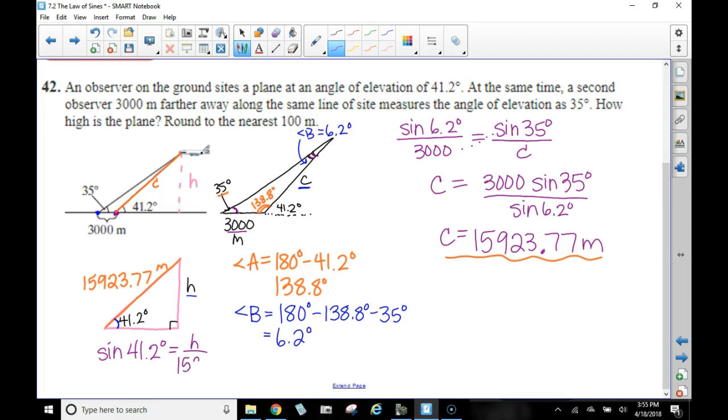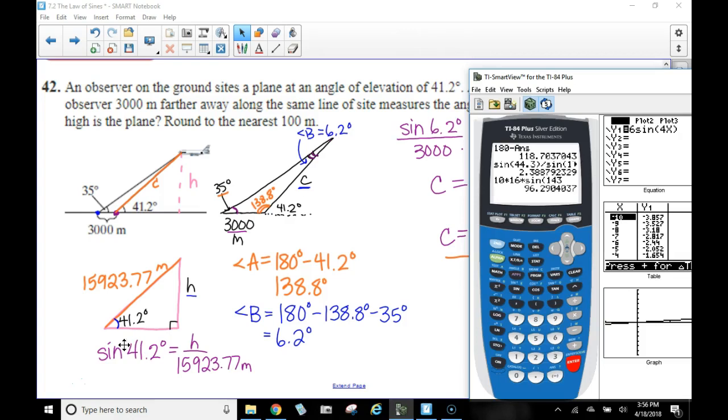15,923.77 meters. Now, when we multiply both sides by 15,923.77, we're going to get the height. I'm doing this calculation right down here. I'm carrying out a lot of decimal places because I really want my answer to be as accurate as possible.